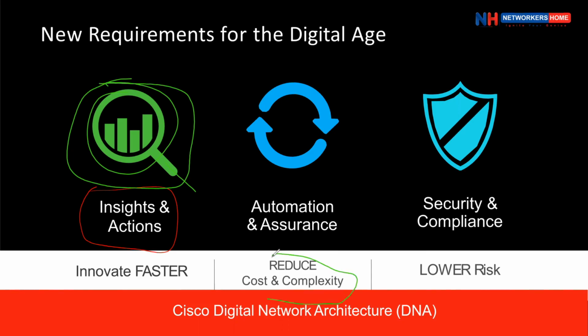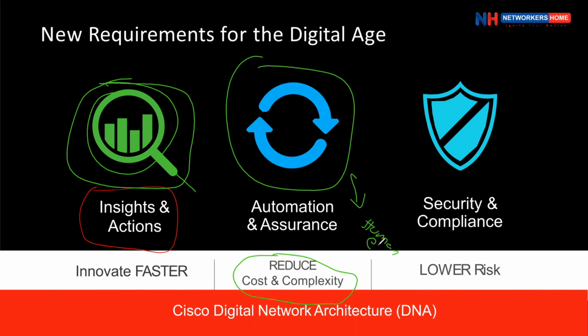The cost and complexity are reduced because we are using automation. Trust me, automation removes human errors, because a lot of problems nowadays are because of this. Yes, we are humans, we tend to forget, we tend to misconfigure something.